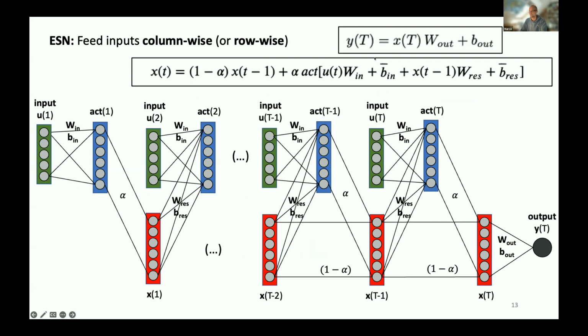In the upper part, you see the transition equation again, and how we train the output weights here with the final reservoir states. And that's where we start. We start with the final model prediction as total relevance, and then attribute it back to the last time step here. And then we go back.